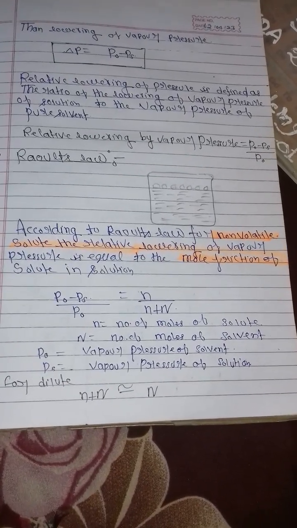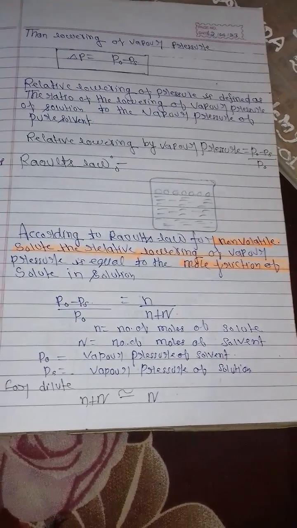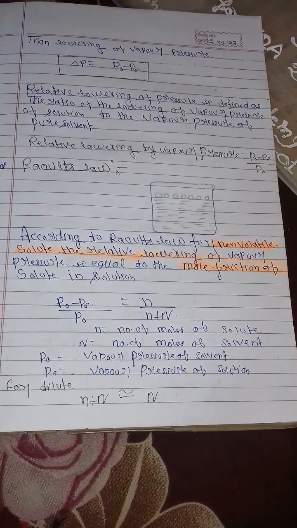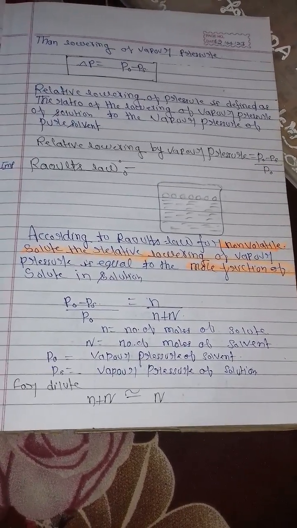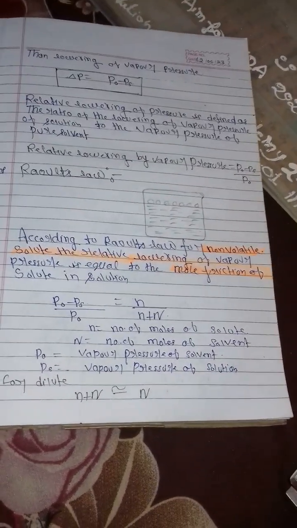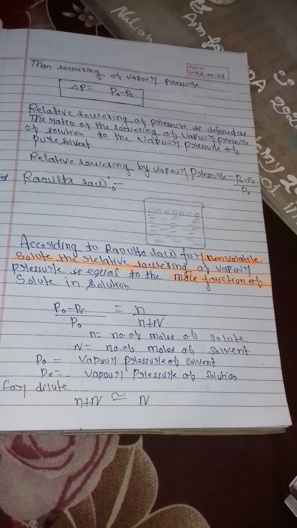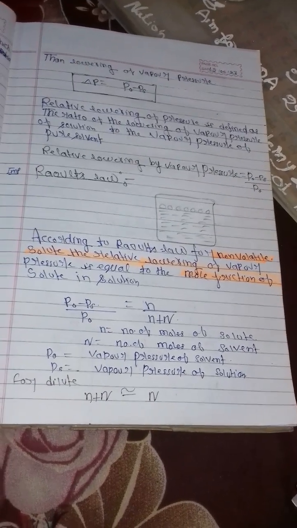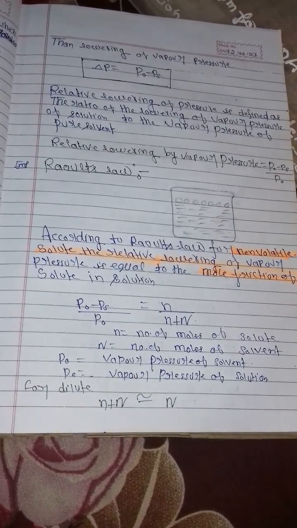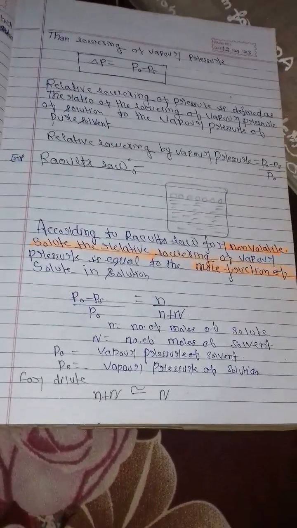P naught minus Ps upon P naught is equal to n upon n plus N, where small n is the number of moles of solute and capital N is the number of moles of solvent, P naught is the vapor pressure of the solvent, and Ps is the vapor pressure of the solution. You can see for a dilute solution, n plus N will be only N.